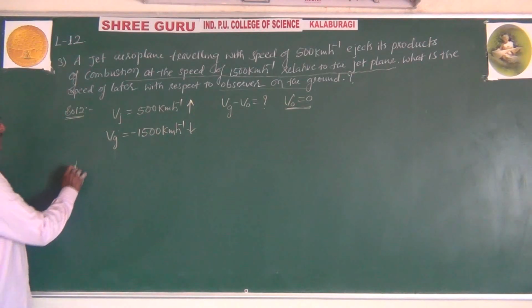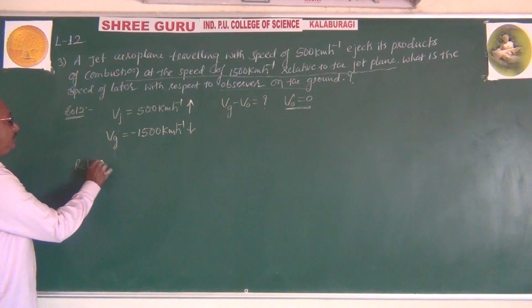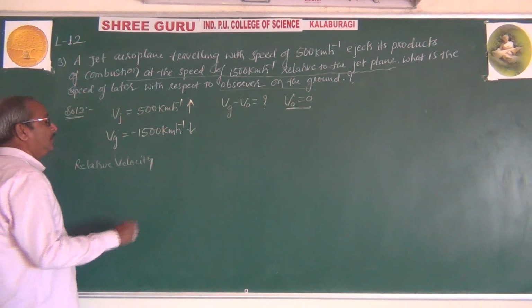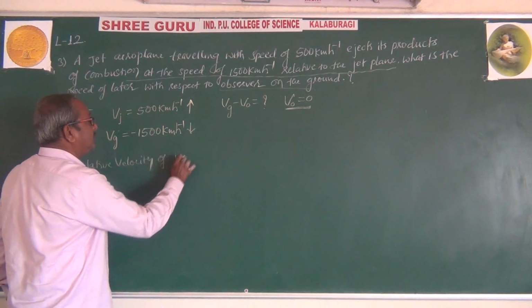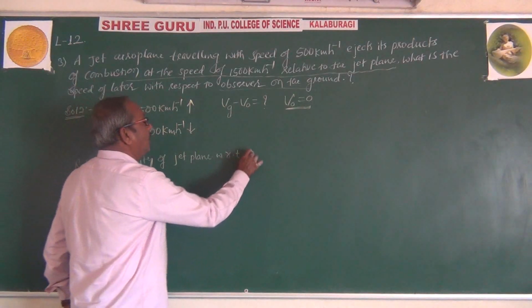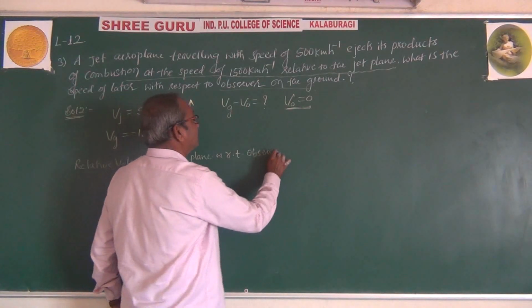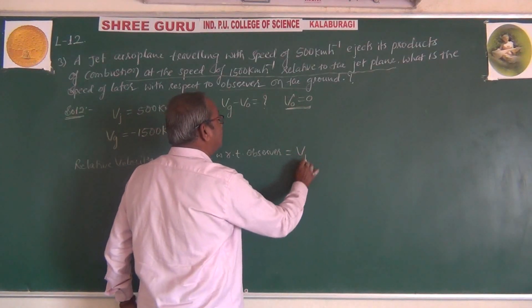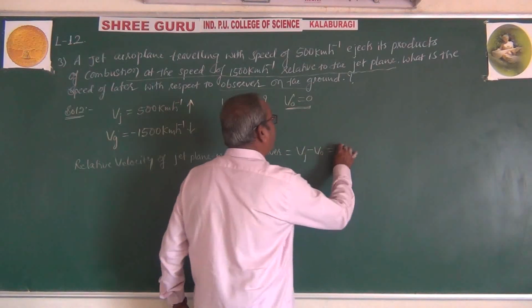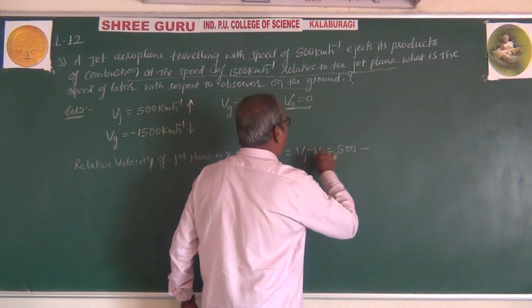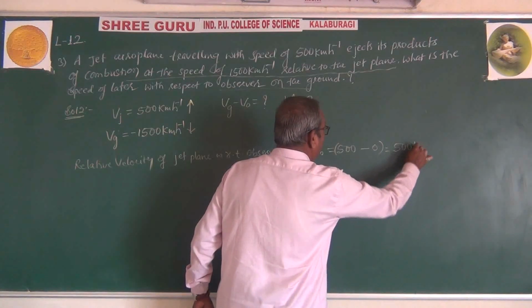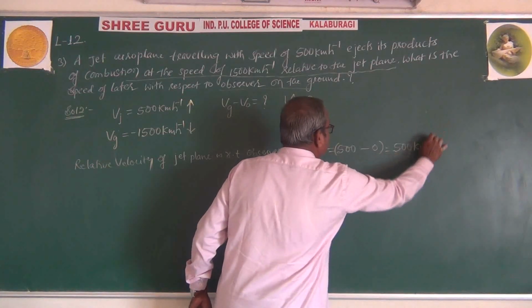Now we will go for the relative velocity of the jet plane with respect to the observer. This is equal to Vj minus Vo, equal to 500 kilometers per hour minus 0, equal to 500 kilometers per hour.